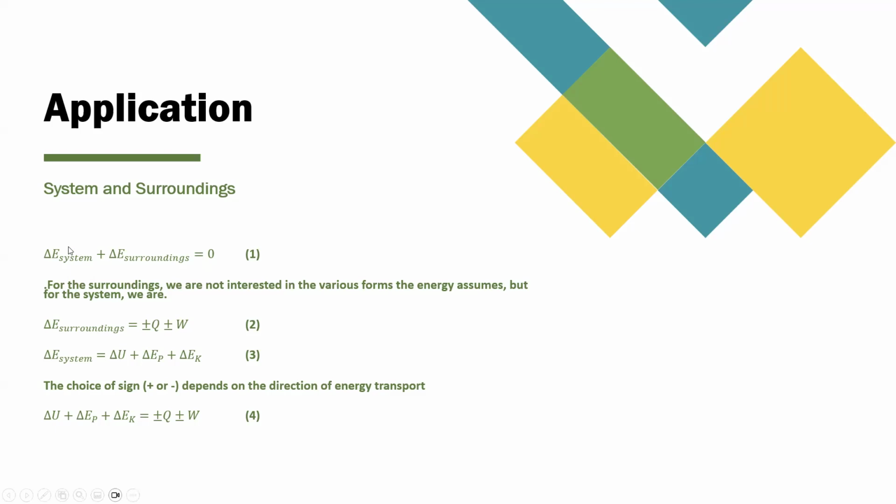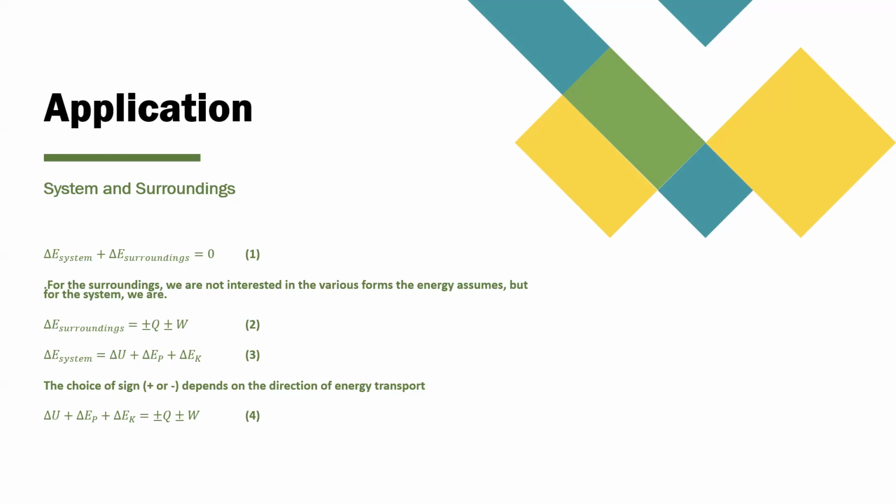Whatever change in energy occurs in the system, a complete reversal of it will occur in the surroundings. For the surroundings, we are not interested in the various forms the energy assumes, but for the system, we are. So the change of energy in the surroundings will be assigned as heat and work.